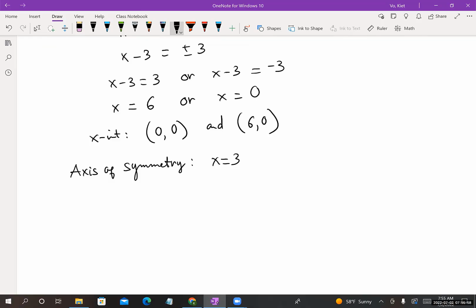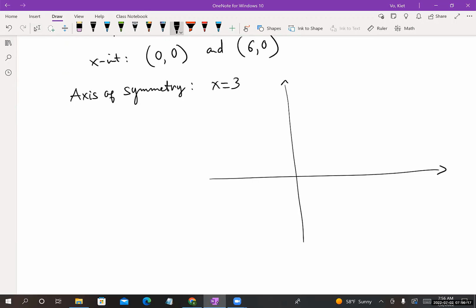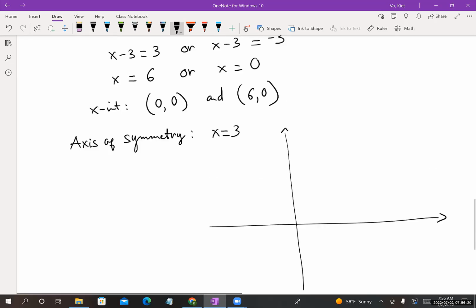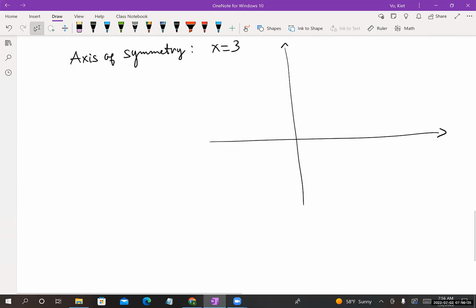Okay. Now, if you have the x-intercepts, y-intercept, and the vertex, certainly you could sketch the graph of this function easily. So for example, we have our vertex at 3, negative 9. I think I want to move this up a little bit just to make it easier.